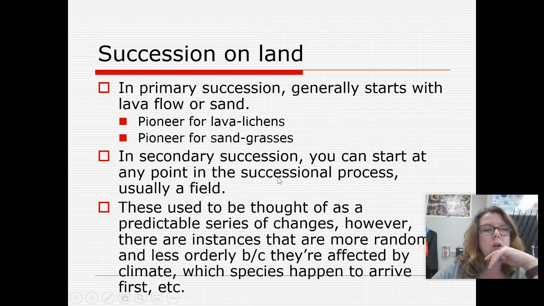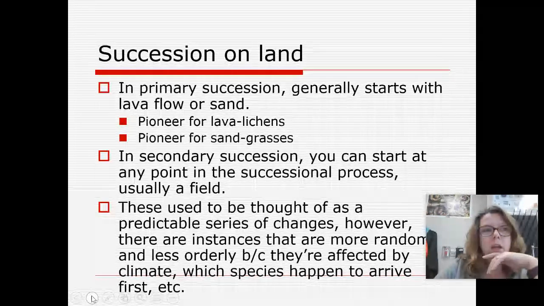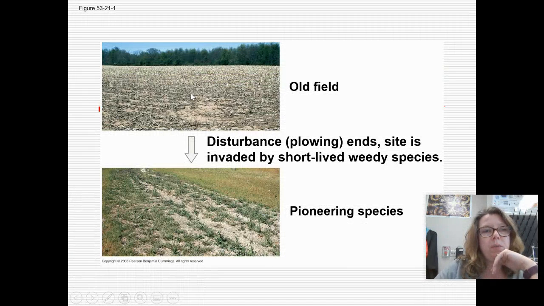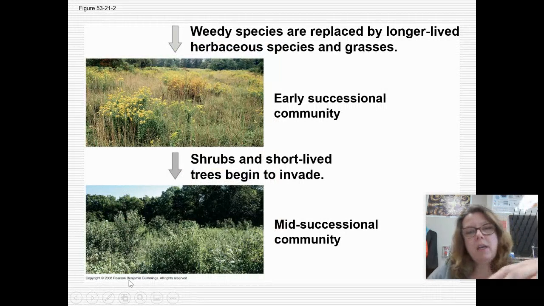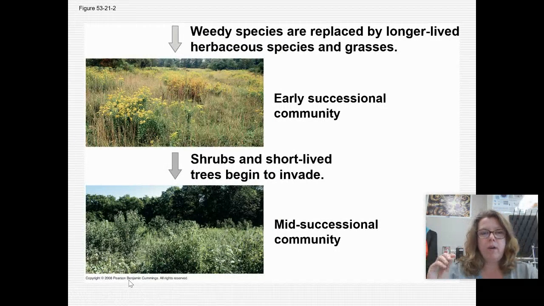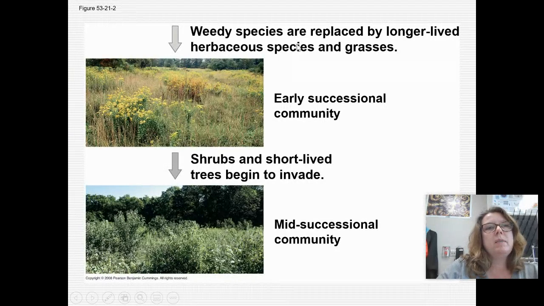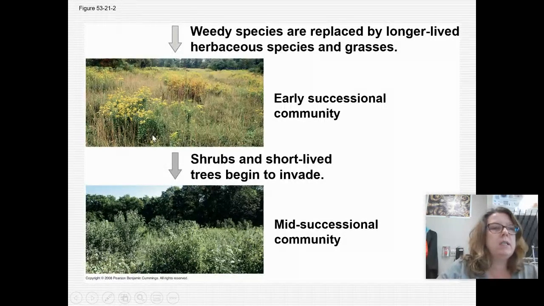And like I said, some scientists disagree that the changes are quite as orderly as what you're seeing here. Okay, so here's an old field. The disturbance to this ecosystem is that the farmer retires, sells his land, whatever, stops farming it. And so you get invasion by the pioneer species. But as those pioneer species die and make the soil finer and add some organic material back into the soil, they're replaced by longer lived herbaceous species and grasses.